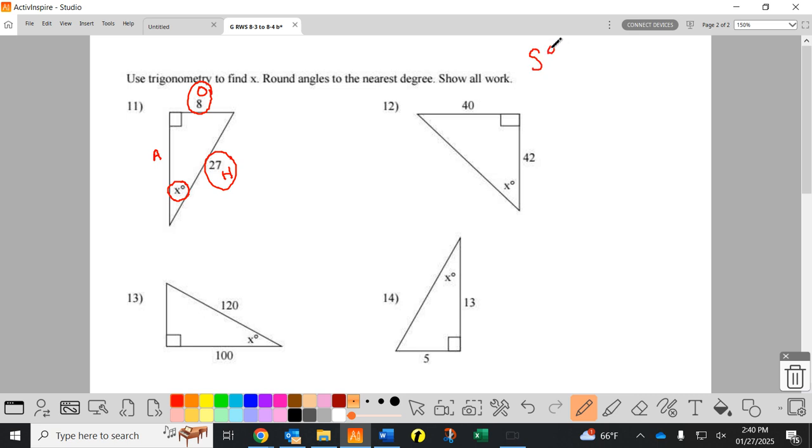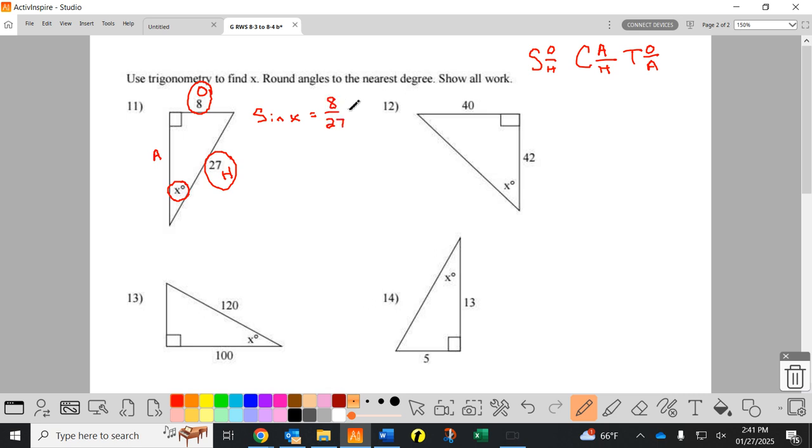Since the two that we're dealing with have an O and an H, let's remember which ones we got. SOH CAH TOA. You can find these on your formula sheet on the day of the test and today. Okay, since we got O and H, we're going to be dealing with sine, so it's going to be sine of x is equal to opposite over hypotenuse, so it's going to be 8 over 27.